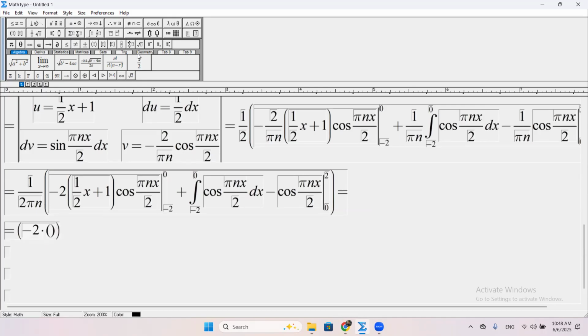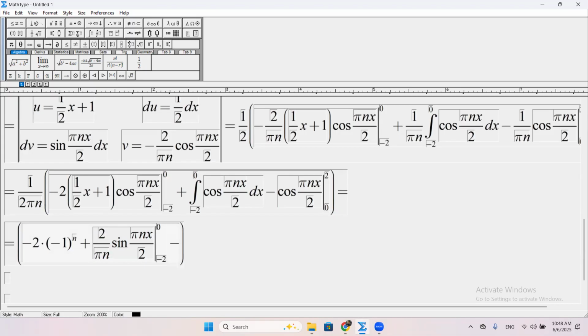So minus 2 multiplied by minus 1 in power of n. And if I substitute minus 2, I will receive 0. So just this part remains. Then plus 2 over pi n sine of pi nx over 2 with the substitutions from minus 2 to 0. And it will obviously equal 0.